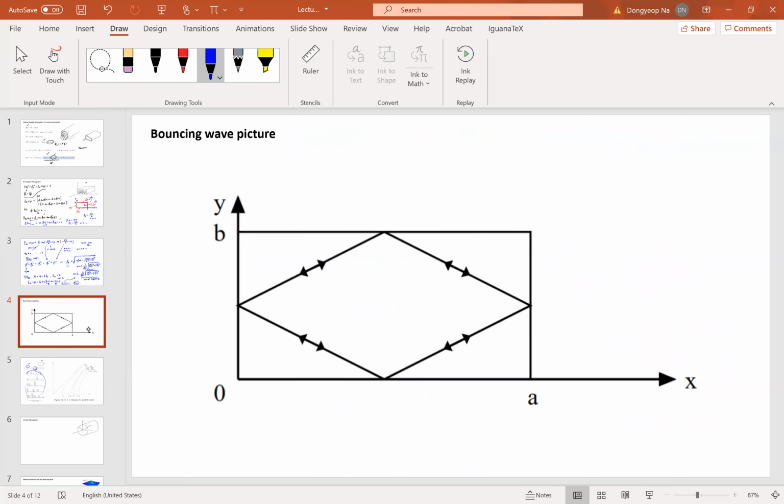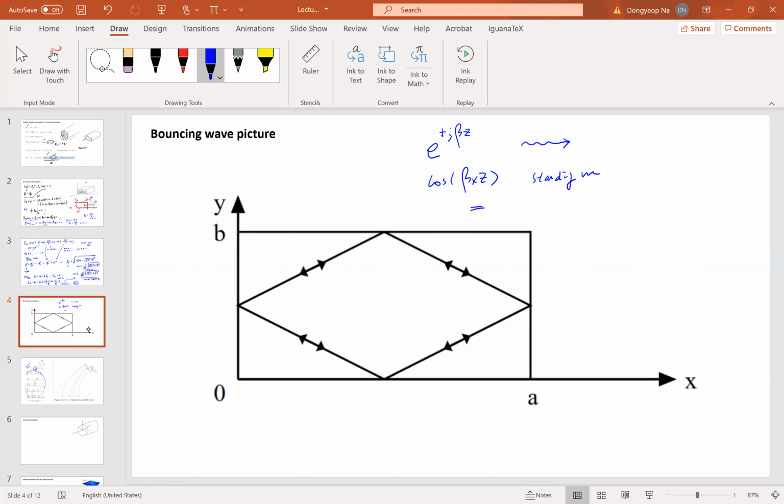Yeah, so let me then draw this field, the bouncing wave picture. So we know that this kind of wave is a propagating wave, propagating in the positive z direction. On the other hand, cosine beta z is a kind of standing wave.